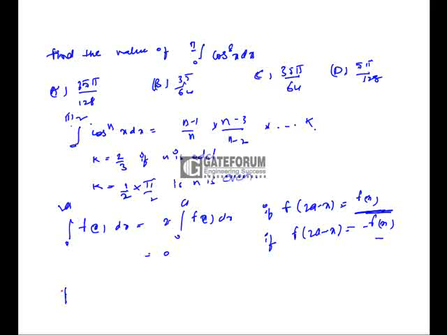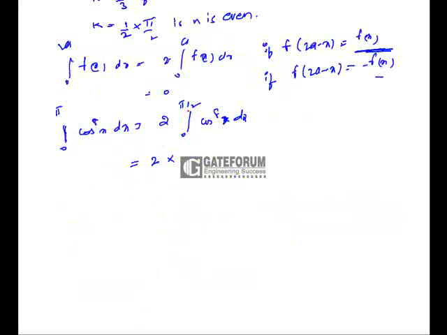So we can write integral 0 to pi of cos power 8x dx as 2 into integral 0 to pi by 2 of cos power 8x dx. As we know, integral 0 to pi by 2 of cos power n x dx is, here we have to decrease 1, 7 by 8, and decrease numerator and denominator by 2, so 5 by 6 into 3 by 4 into 1 by 2.